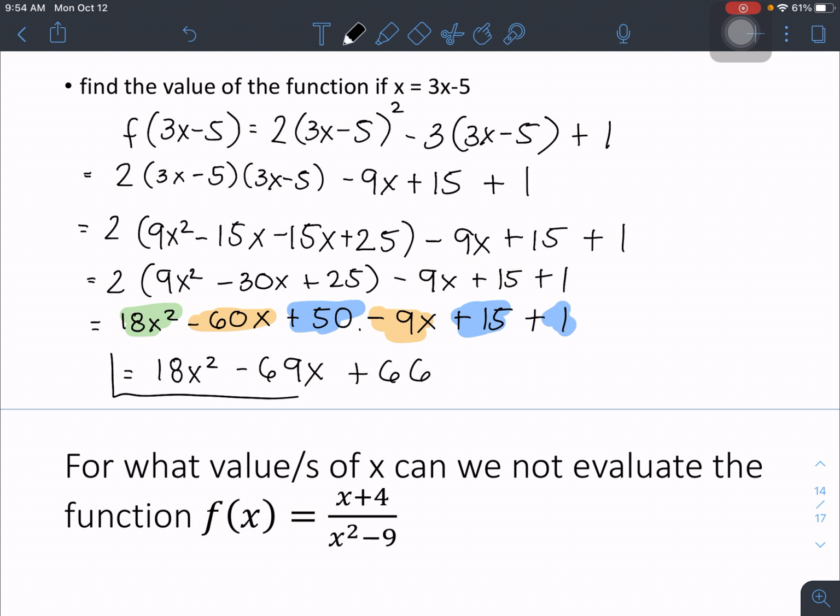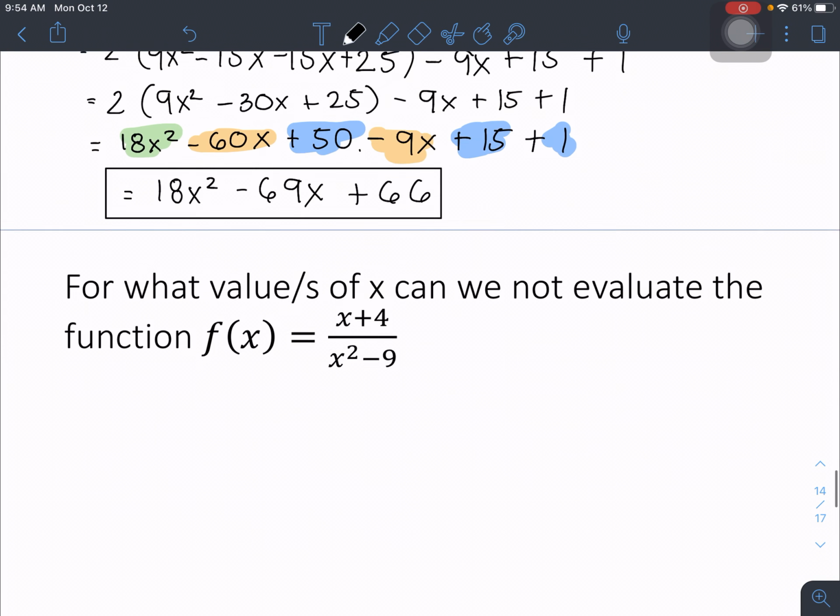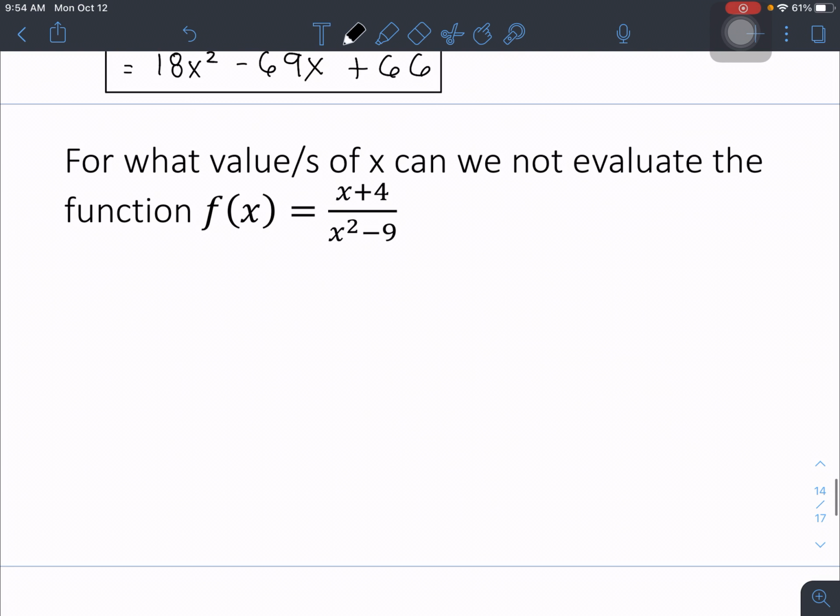So that's our final answer. Next, for what values of x, we need to identify what's the value of x that we cannot evaluate the function f of x is equal to (x plus 4) over (x squared minus 9).